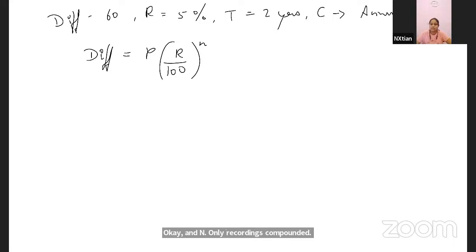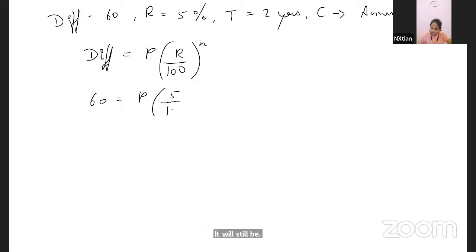So the difference is how much? 60. 60 equals P. Rate is 5 by 100, n is 2. Now cancel 5 and 100: 1 by 20.